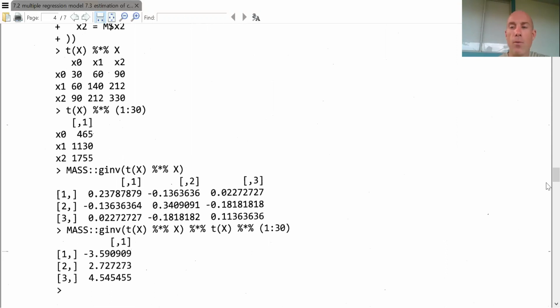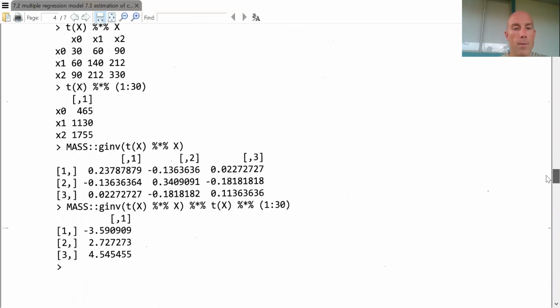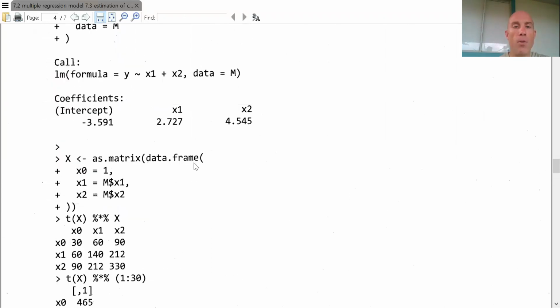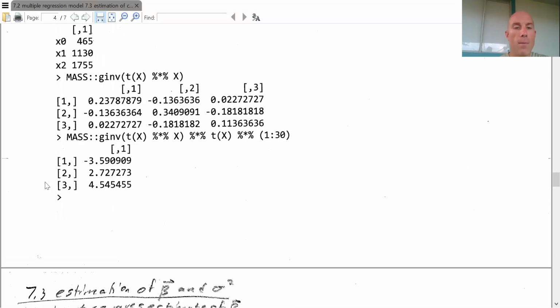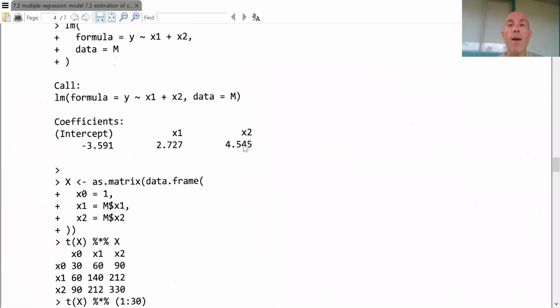If I scroll up, negative 3.59. Coefficient for x1 is 2.7. I scroll up, we have 2.7. And then the coefficient of x2 is 4.5. I get 4.5. So we could, if we want to, actually manually compute the coefficients using those formulas.